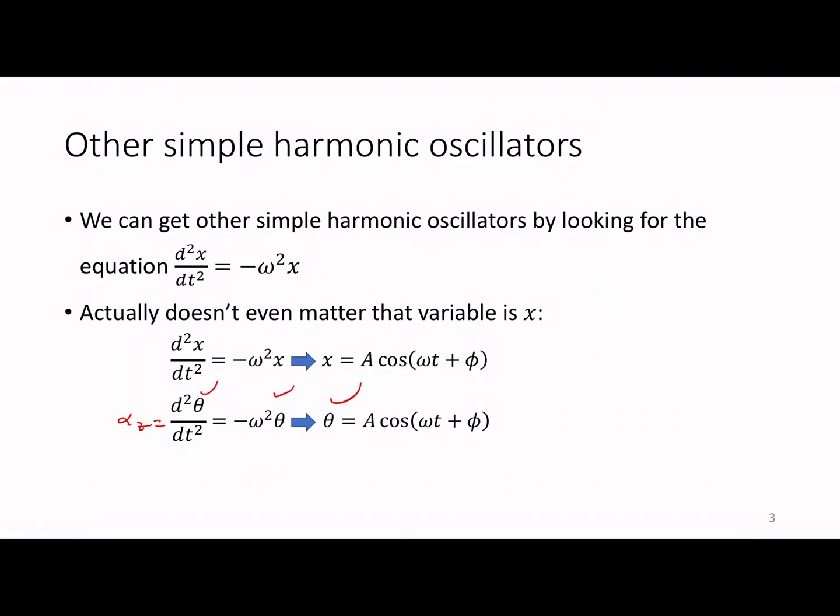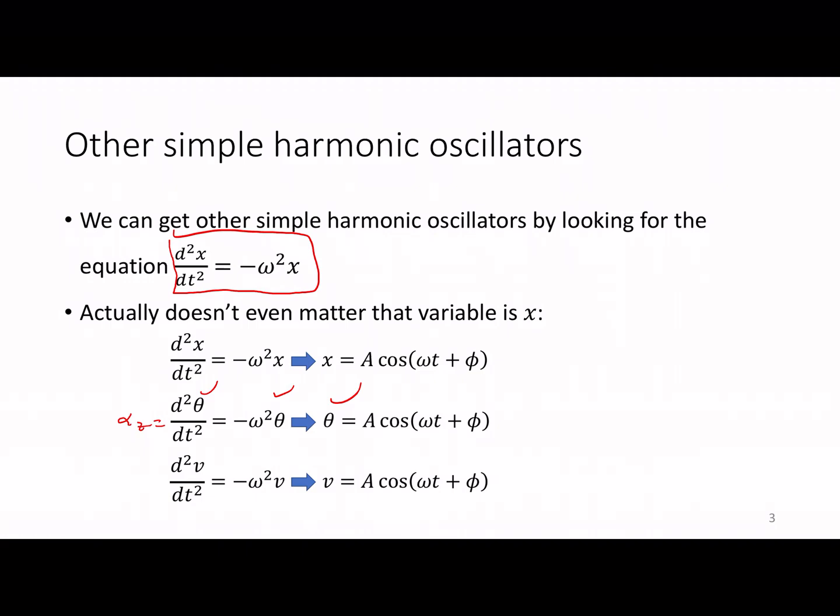So as long as I substitute x for theta, it's still a simple harmonic oscillator. I could do crazier things. I could do pressure or velocity or, heck, acceleration. And everything would work like this. So basically, anytime I find this simple oscillator equation, the resulting physics is going to be a simple harmonic oscillator.